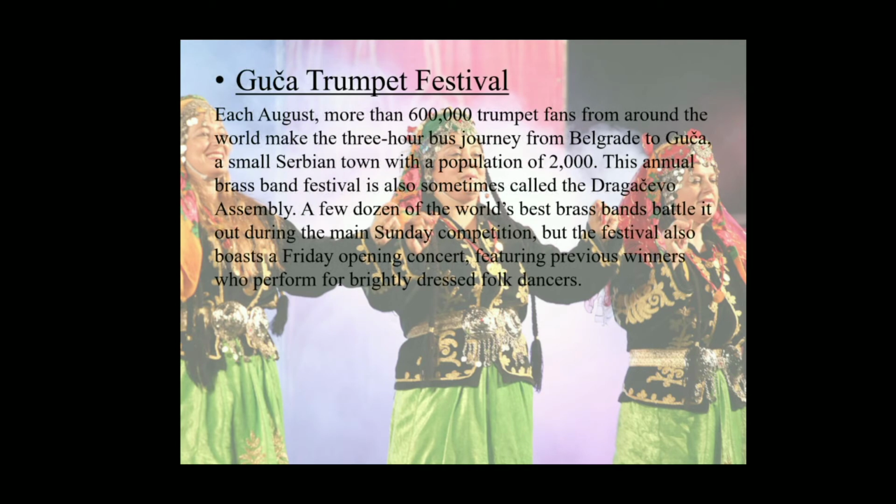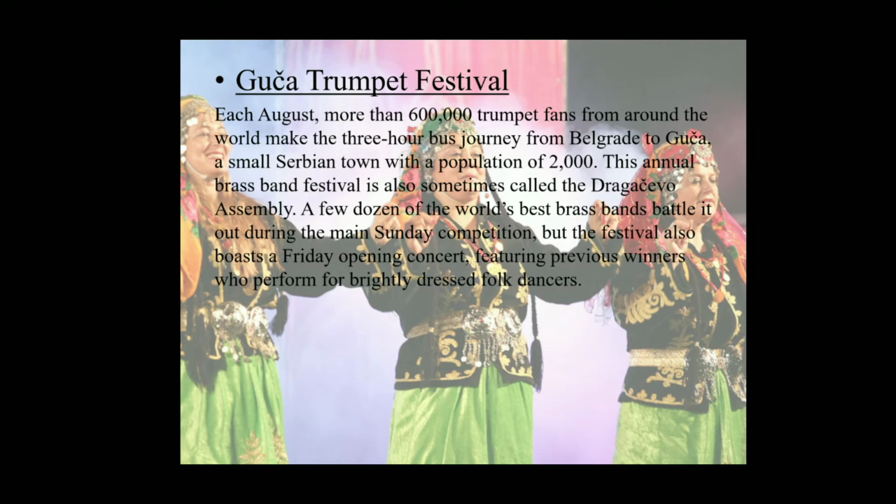The third is Guca Trumpet Festival. Each August, more than 600,000 trumpet fans from around the world make the 3-hour bus journey from Belgrade to Guca, a small Serbian town with a population of 2,000. This annual brass band festival is also sometimes called the Dragacevo Assembly.